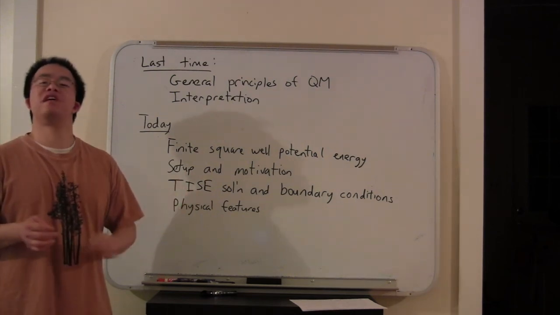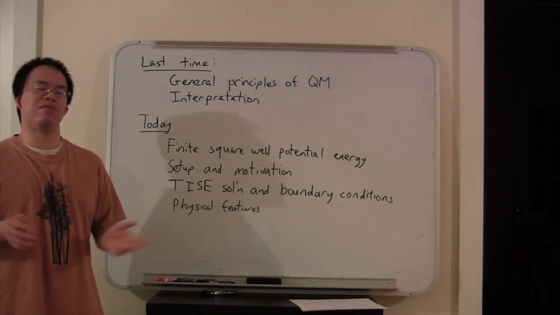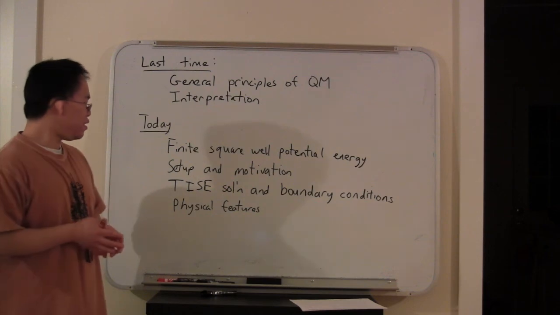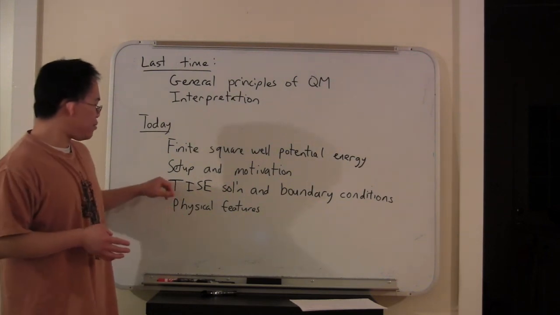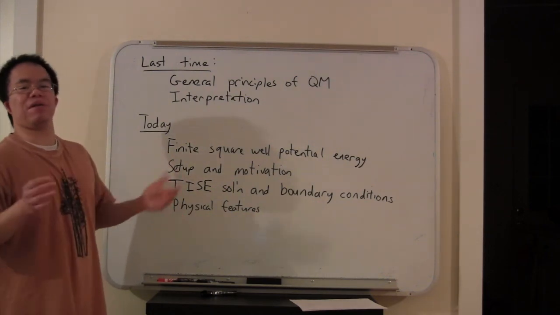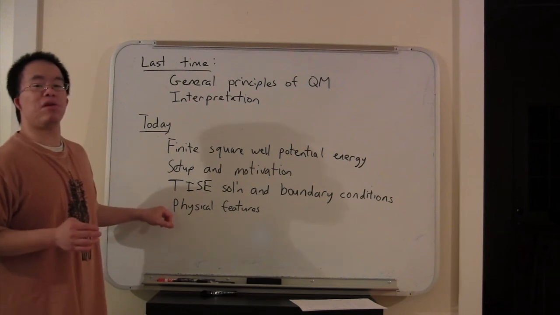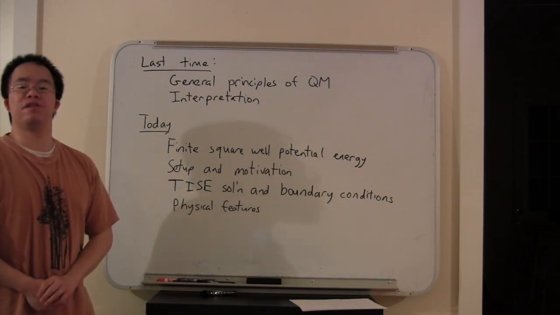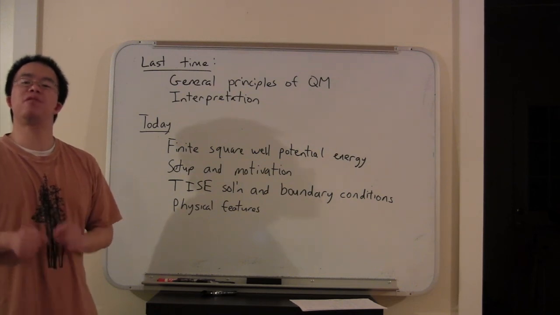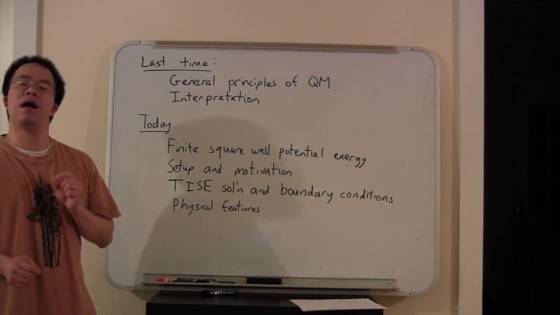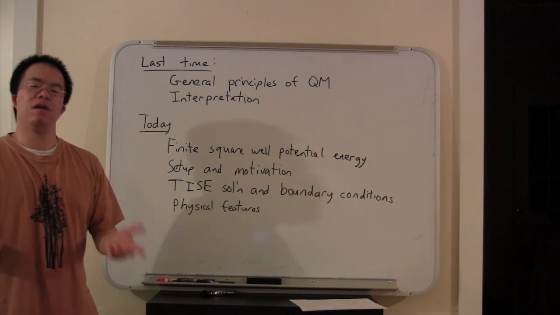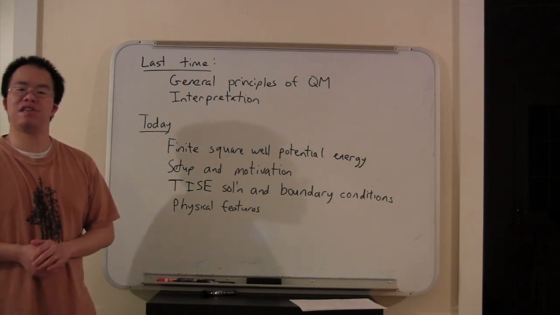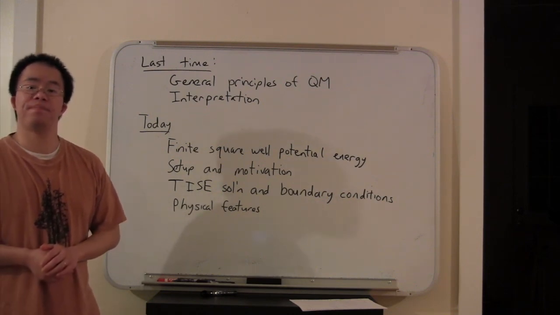I'm probably going to save a bunch of the gory algebra for a bonus video, but then after we discuss how to think about this, we'll turn our attention to the physical features of the solution. This is something you will continue to explore by looking at a simulation in recitation on Thursday.